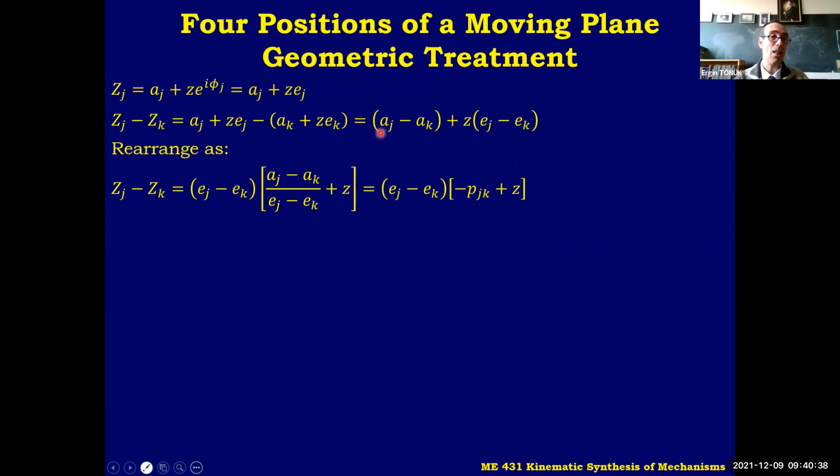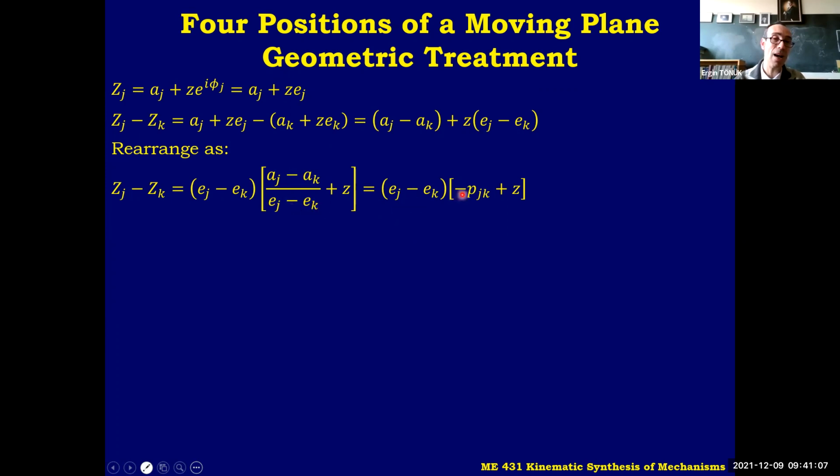Okay? Well, I'm just doing it this way because this is going to become the location of the pole in the moving coordinate system with a minus sign. Remember, it was ak minus aj over ej minus ek, or just aj minus ak over ek minus ej.